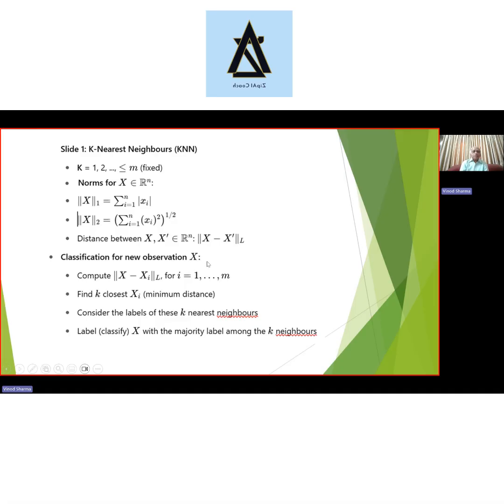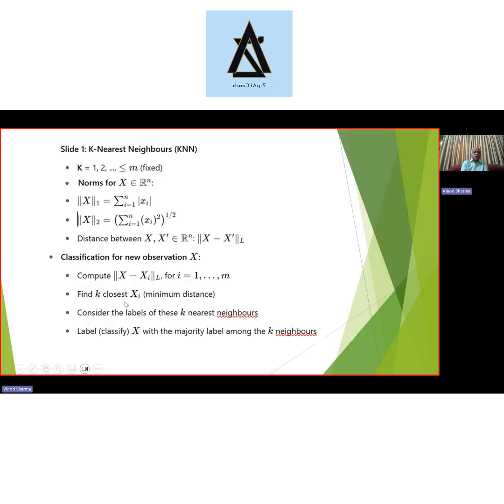So in KNN, to classify a new observation x given the training sample x1, y1 to xm, ym, we take the distance of x from each one of the xi's and then find the training samples xi which are closest to x. So we find k of them, the k closest.